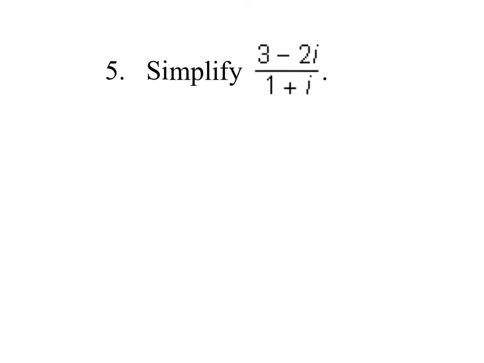Okay, simplify 3 minus 2i over 1 plus i. Again, conjugates. We're going to take the denominator and multiply it by its conjugate. So we get 1 minus i, the conjugate. This is why the very first question was making sure you understood what the conjugate was, because we were going to use it over and over again. All right, so the denominator becomes a difference of squares.